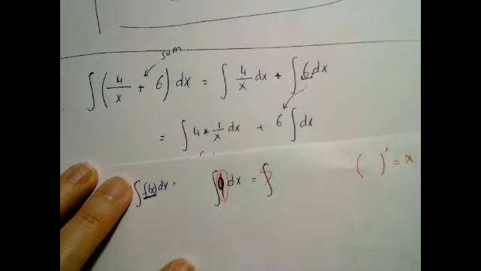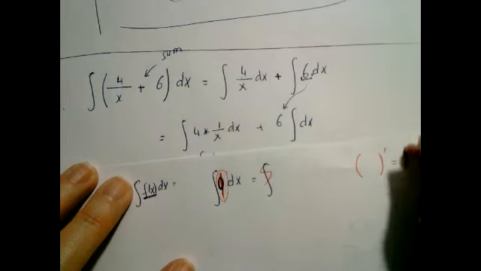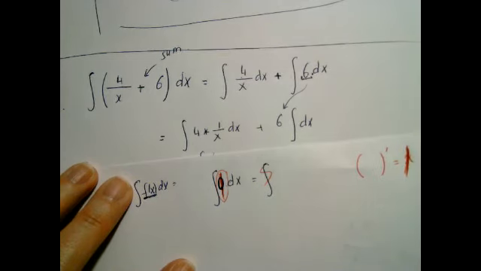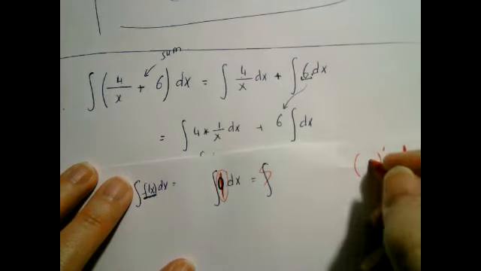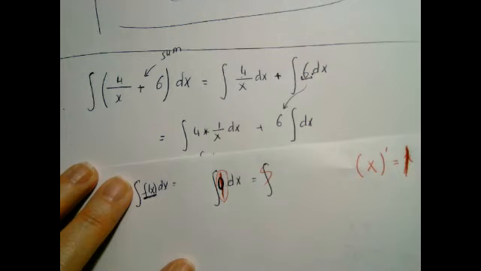Now, which function when we differentiate, we get 1? It is x. My apologies. So the antiderivative of dx is equal to x.